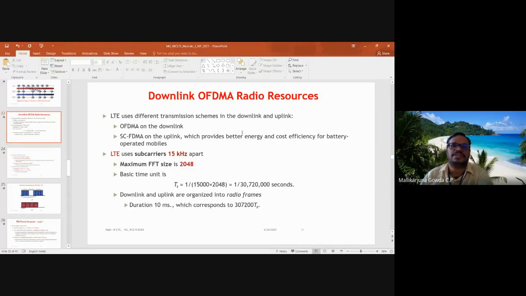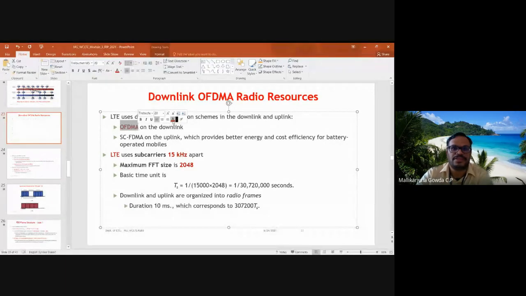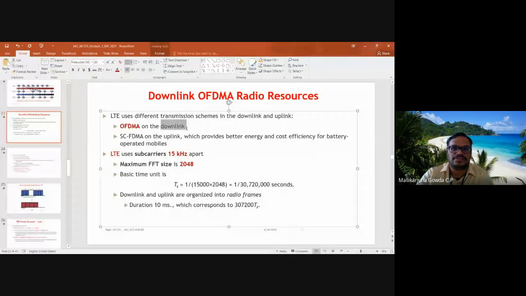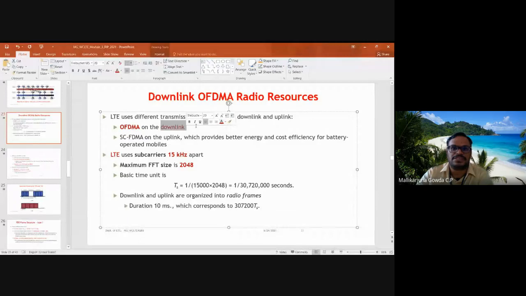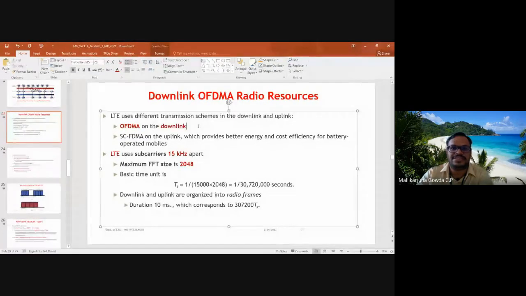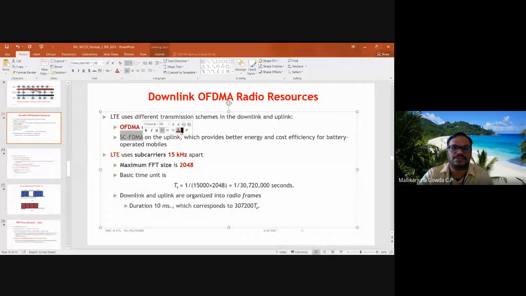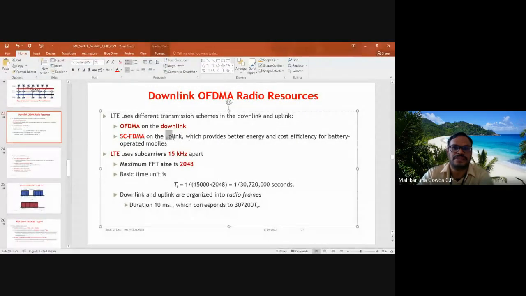In case of LTE, people should understand this because I already discussed this several times, so I expected people to answer. Okay, so what I said, OFDMA is used in the downlink, and SCFDMA, that is single carrier frequency division multiple access, is used in the uplink.